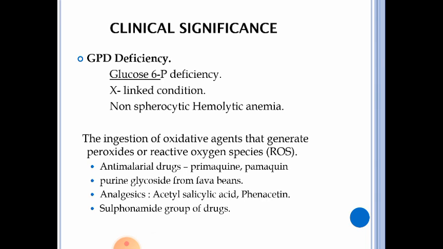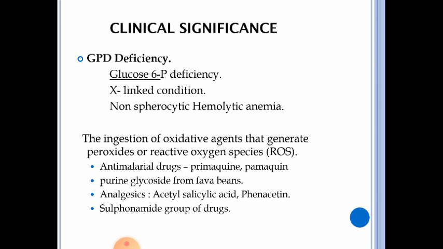RBC cells are getting lysed because of the production of peroxides by drugs like anti-malarial drugs and certain other toxins, which generate peroxides and ROS causing the lysis of those RBCs.